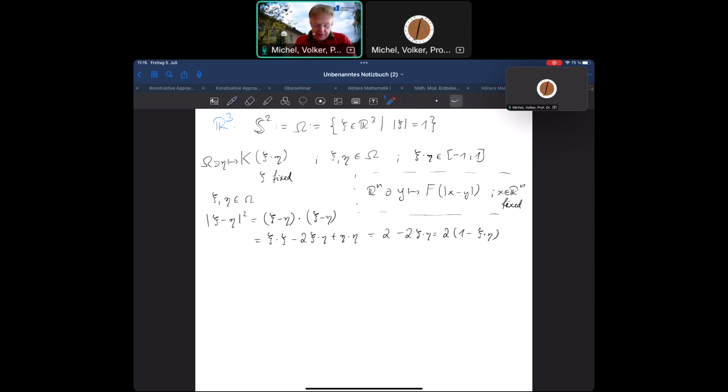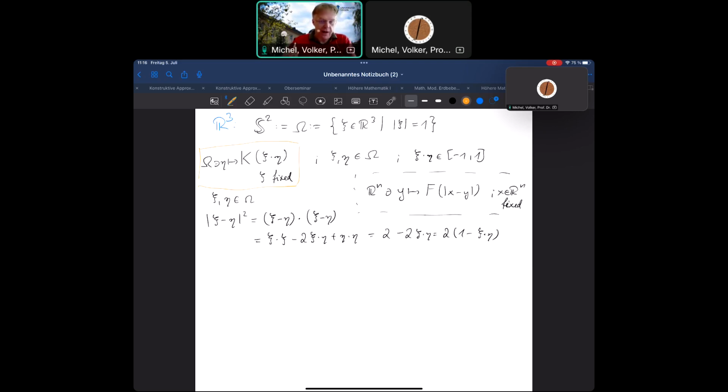Which means that if you keep xi fixed again, and you have different points eta which have the same distance to xi, then they would also have the same inner product with xi. So in fact, functions of this form have the property that they only depend on the distance to the fixed point.